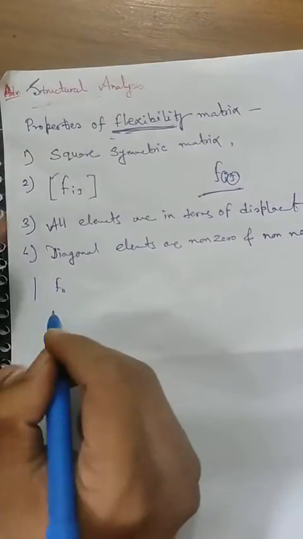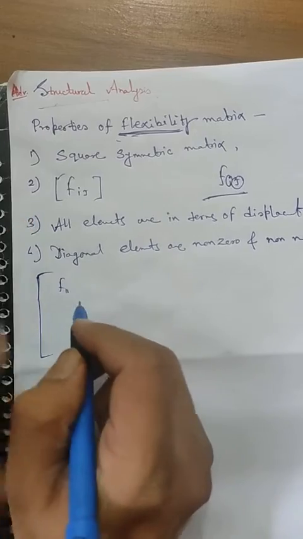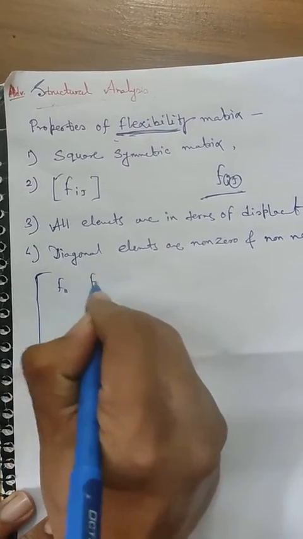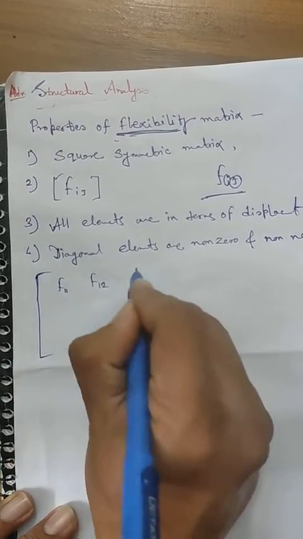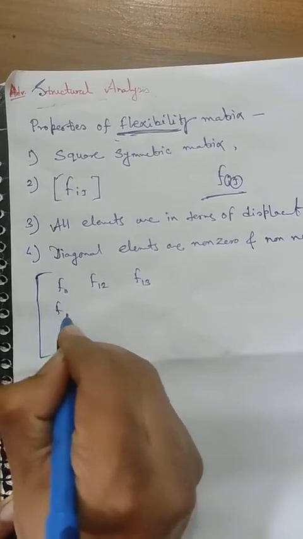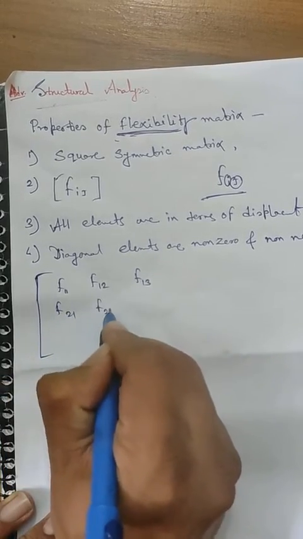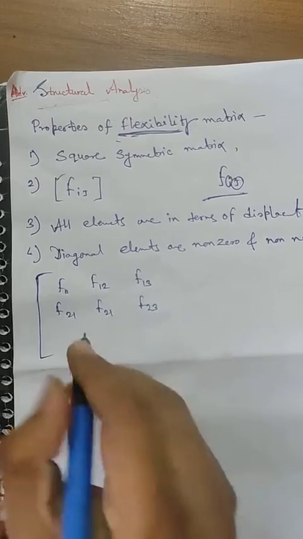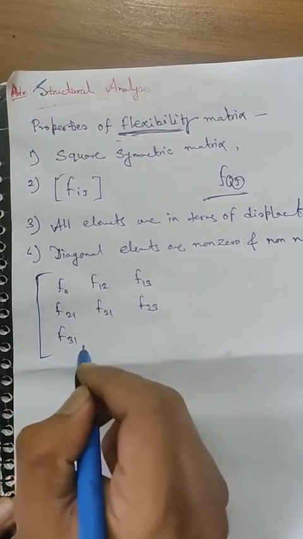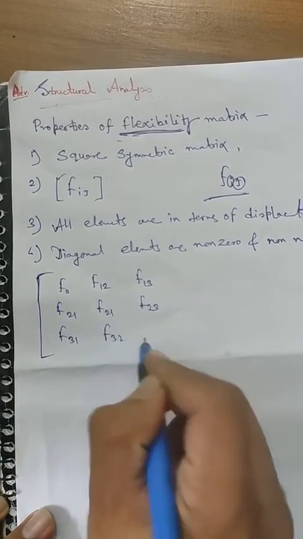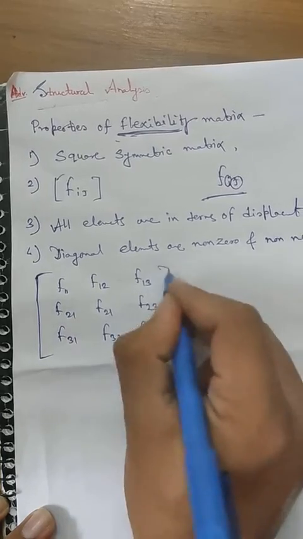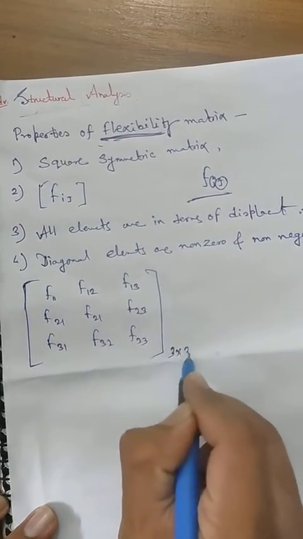This is the generalized matrix form of a flexibility matrix. This is F33, so this is a 3 by 3 matrix.